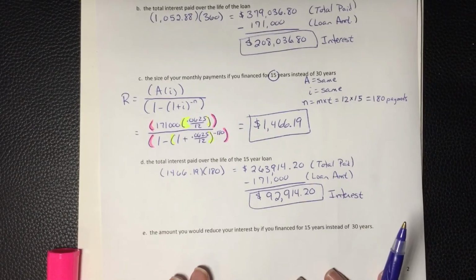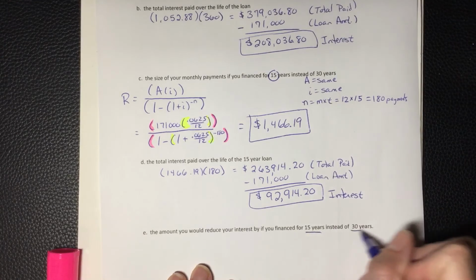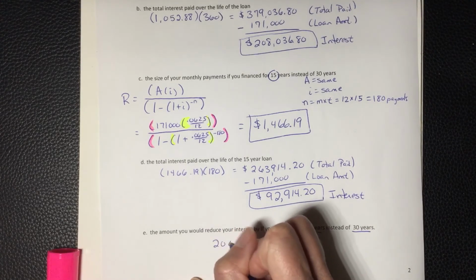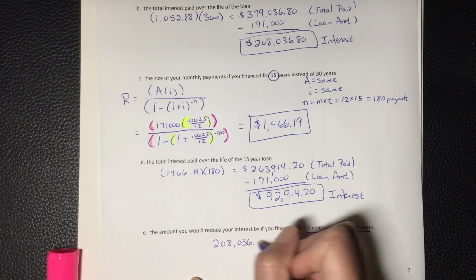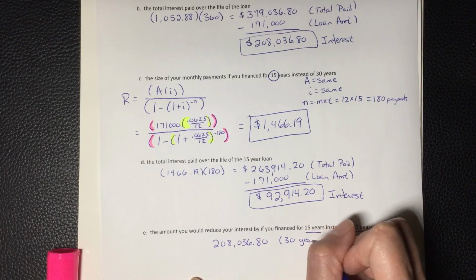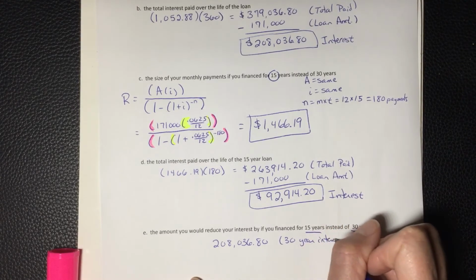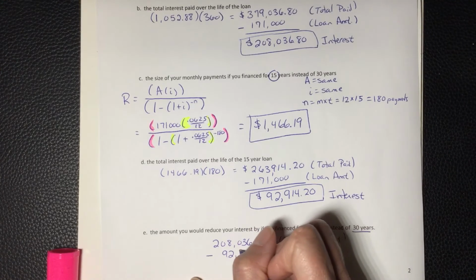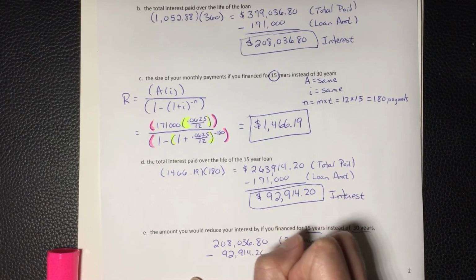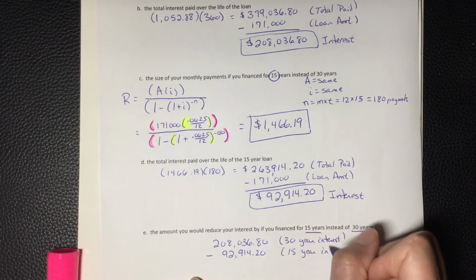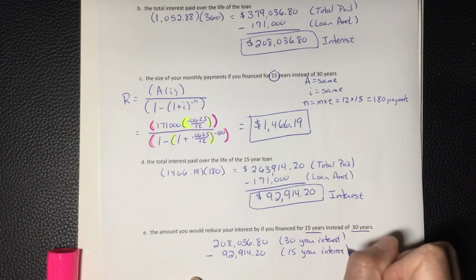So if we want to see how much money it saves us by financing for 15 years instead of 30, go ahead and write down your 30-year interest from Part B. So this is 30-year interest. And let's subtract off the 15-year interest. And let's see how much money that would save us.